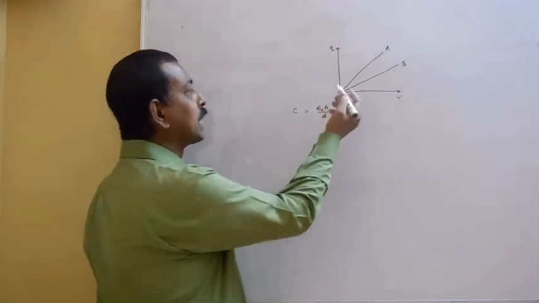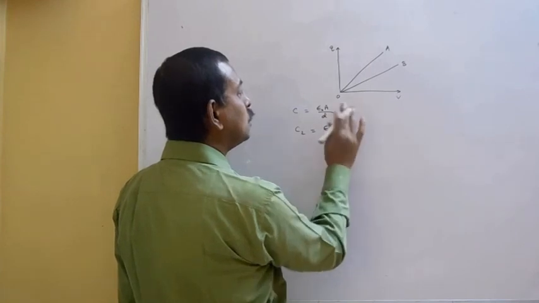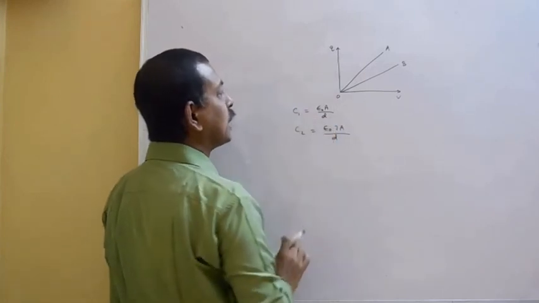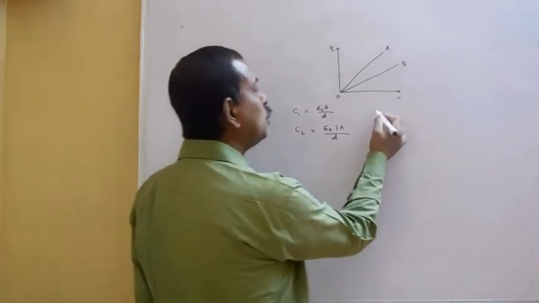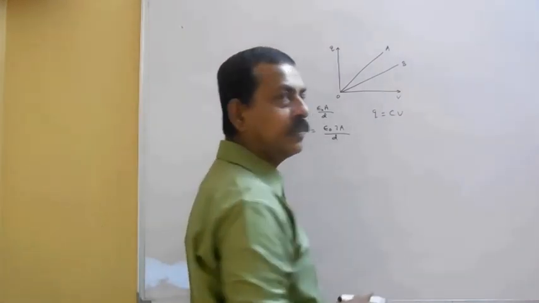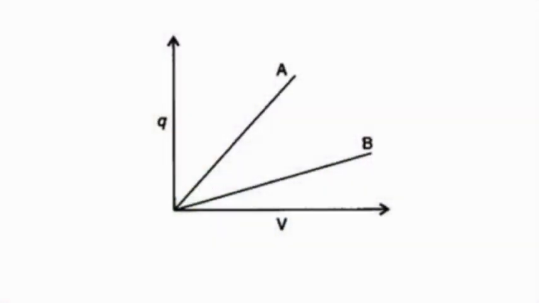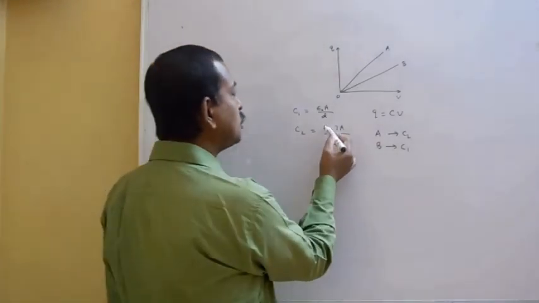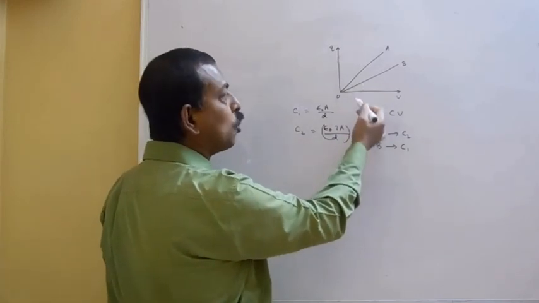So obviously, for capacitance, C2 will have the value epsilon naught 2A by D, and for C1 we can write epsilon naught A by D. And if you take Q equals to CV, obviously A will have a slope more than that of B. A will represent C2 and B will represent C1, because the value of C2 is more, and for A the slope is more.